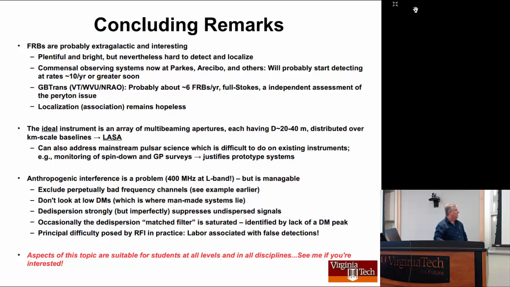In that case, the process of searching through DMs is what saves us. As we search through all the DMs, if it's real, we'll see a big peak at the true DM and low values everywhere else. Whereas if we're just overwhelming the matched filter, we see just garbage across the DM space. So that turns out to be a very simple detection to verify that it's peaked.